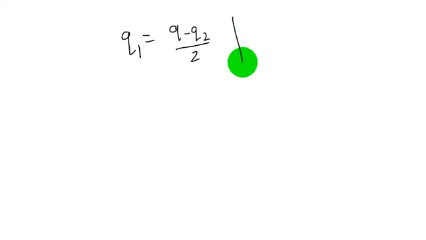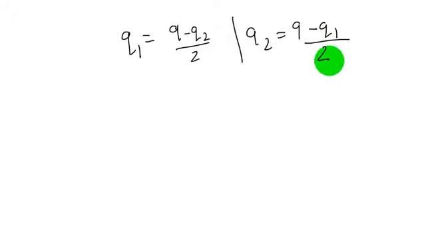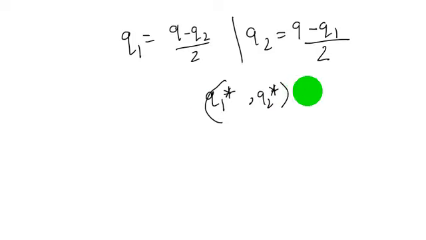Without wasting further time, I'll just write you the answers that we get using the standard procedure. Since they are symmetric, Q2 is also 9 minus Q1 by 2. Solving the above system will get us Q1 star, Q2 star as equal to 3, 3.